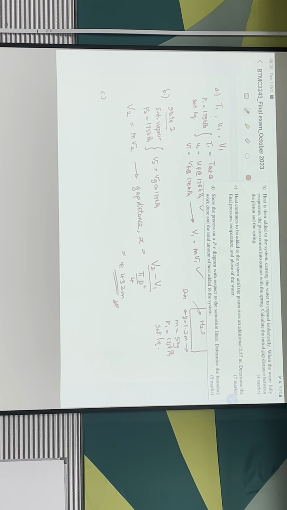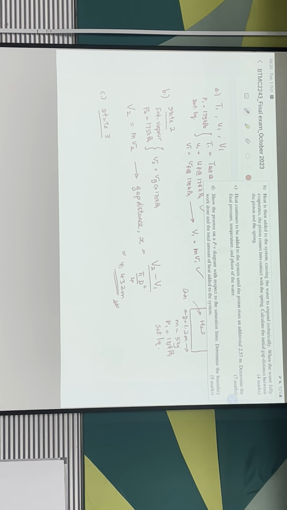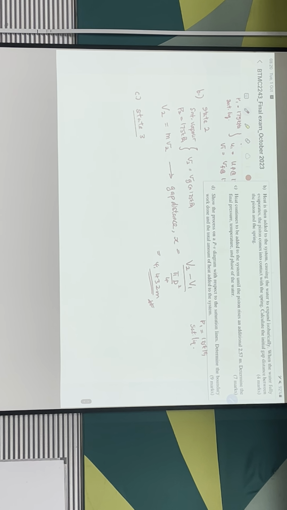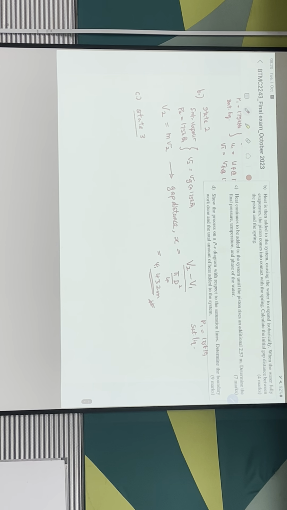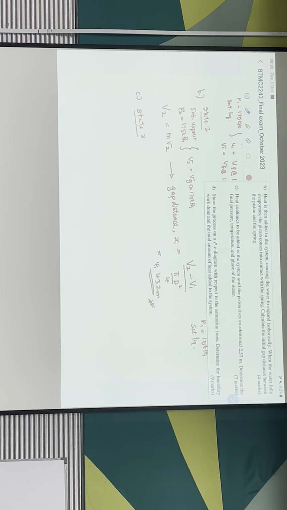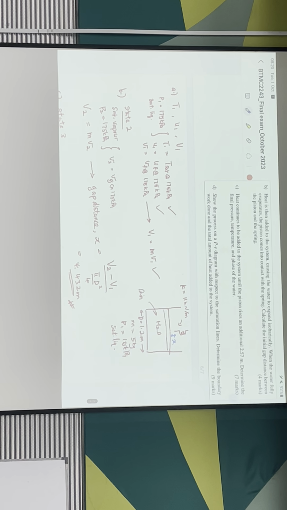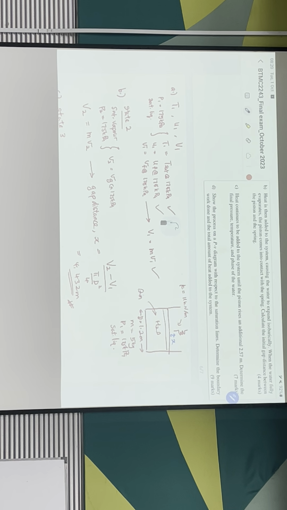So in the third state, we do not know anything yet, but we do know that the piston has risen another 2.57 meter. So meaning in this diagram here, we have an additional 2.57 meter here.